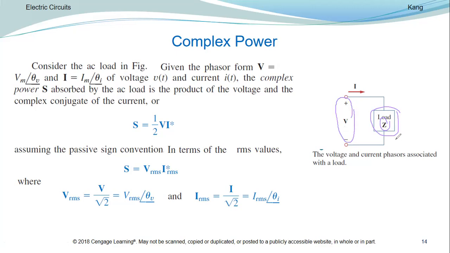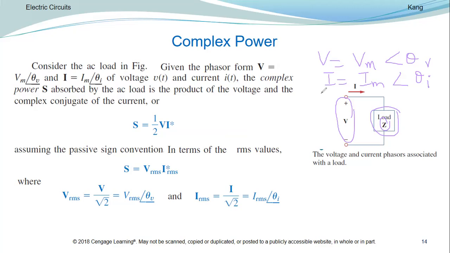Consider the phasors: V equals Vm with angle theta V, and I equals Im, that is the peak value, with angle theta I. These are the phasors we basically consider in the instantaneous power.